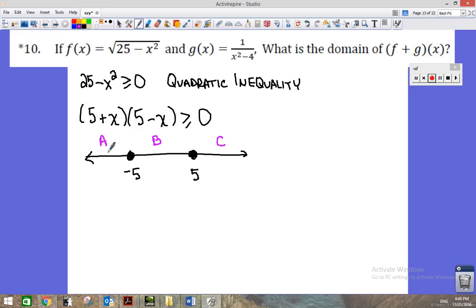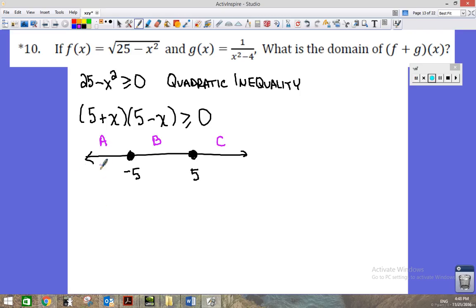In A are all the real numbers that are strictly less than negative 5. In B are all the numbers that are between negative 5 and positive 5. And in C are all the real numbers that are strictly greater than 5. So let's pick a random point for A, but one that's easy to do arithmetic.